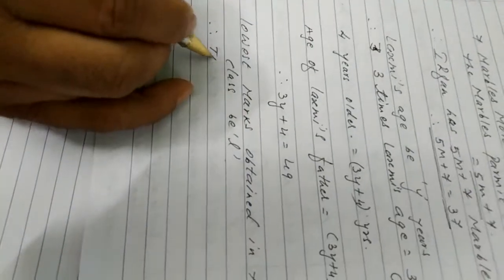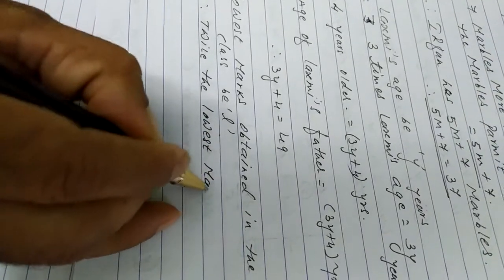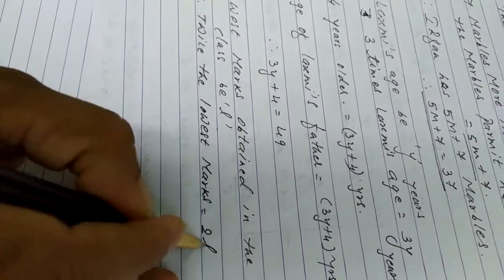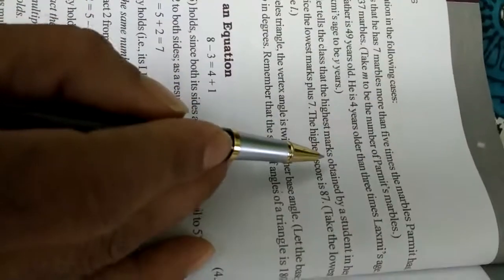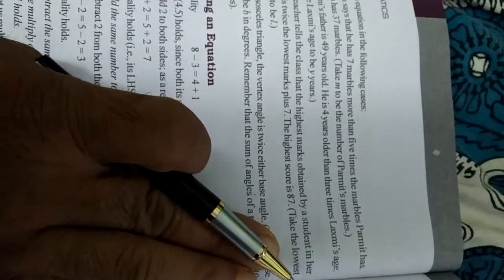Now what is given after that? Twice the lowest marks. Therefore, twice the lowest mark is equal to 2L, right? The highest marks obtained by a student in her class is twice the lowest mark plus 7, right?